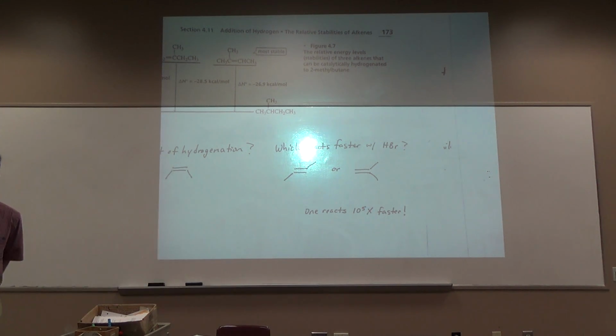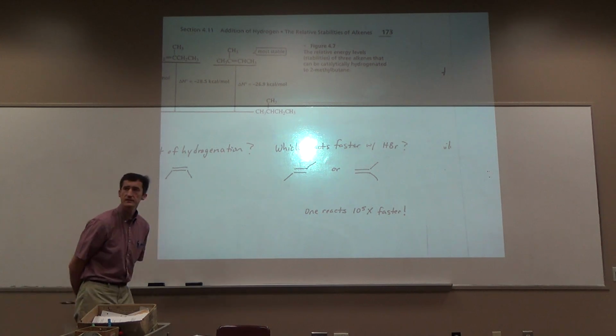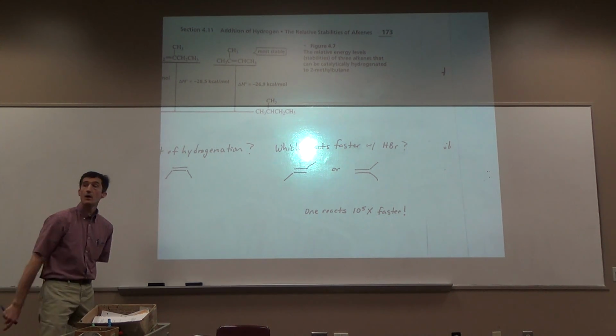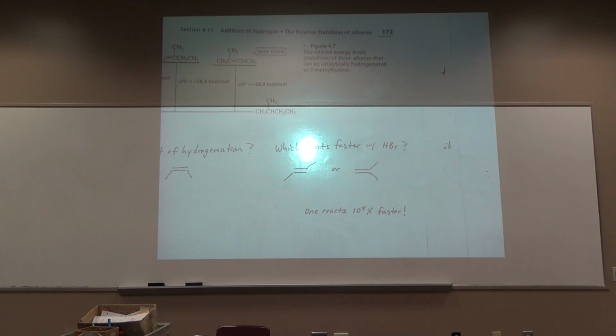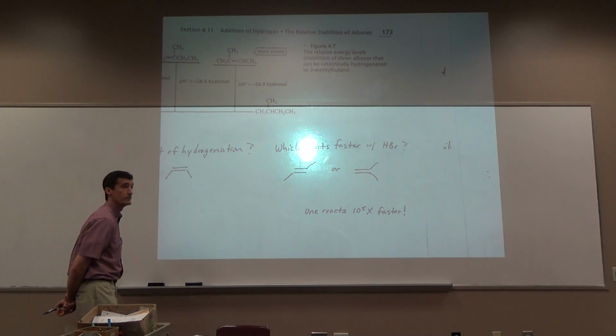Well, there's a little bit of apples to oranges here, but hopefully we can get it. Which one's going to react faster? The one on the right, because it's less stable.